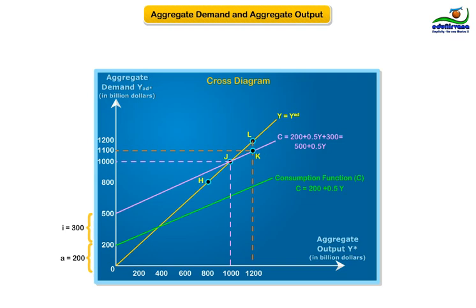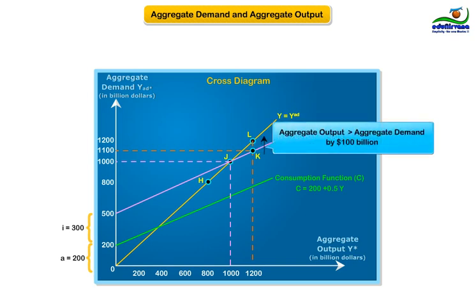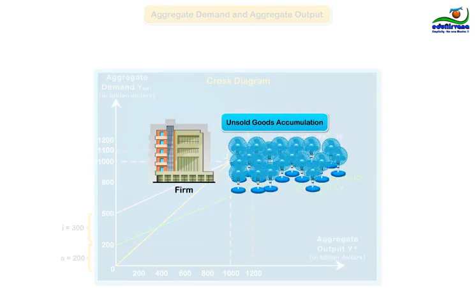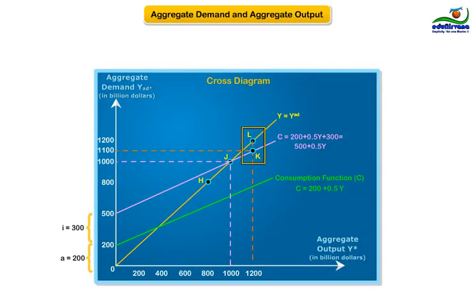Since output exceeds aggregate demand by $100 billion, firms are saddled with $100 billion of unsold inventory. To keep from accumulating unsold goods, firms will cut production as long as it is above the equilibrium level. Output will exceed aggregate demand and firms will cut production, sending aggregate output toward the equilibrium level.